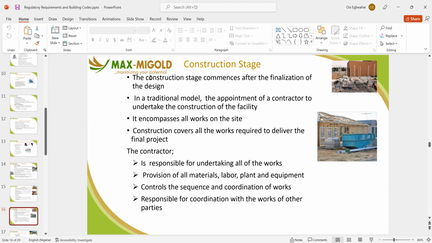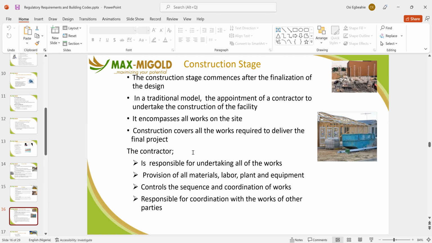Construction stage. The construction stage commences after the finalization of the design. In a traditional model, it involves the appointment of a contractor to undertake the construction of the facility. Normally, it's good to always appoint a contractor to manage the construction of the facility, so that you can easily ensure that things are done the right way.